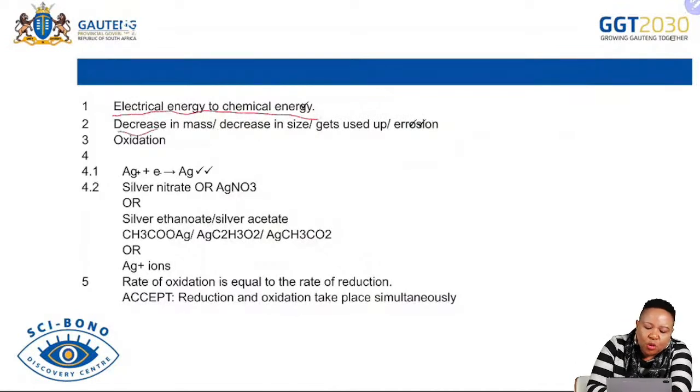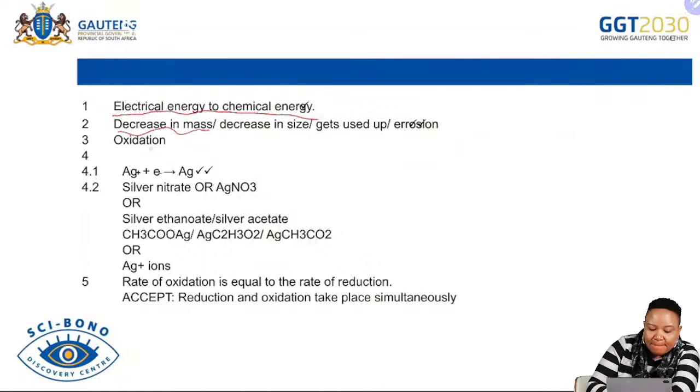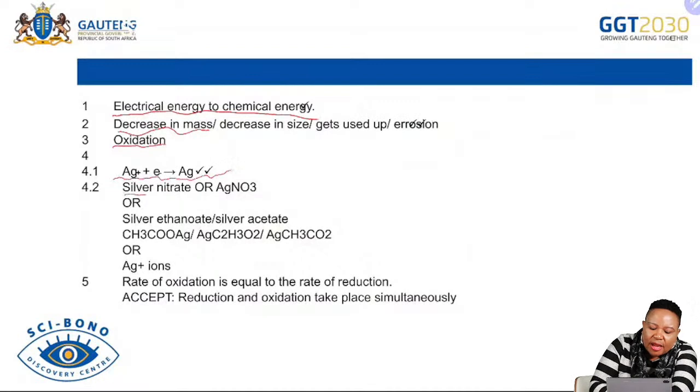We expect the mass of the electrode Y to decrease, or the size of electrode Y to decrease, or electrode Y is getting used up, or there's an erosion of electrode Y. And then we know that electrode Y undergoes oxidation, and at the iron metal there will be a reduction reaction whereby our silver ion as our oxidizing agent will undergo reduction by gaining electrons and forming silver, and the silver that will be formed will be deposited on top of our iron metal and make the iron metal look silver.